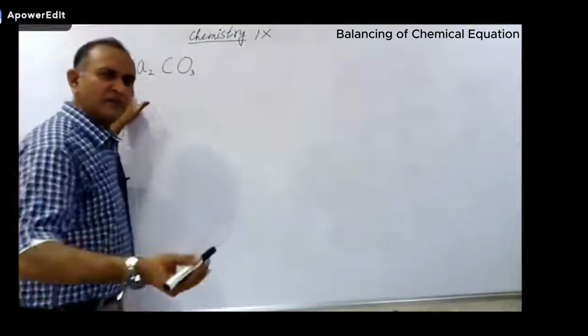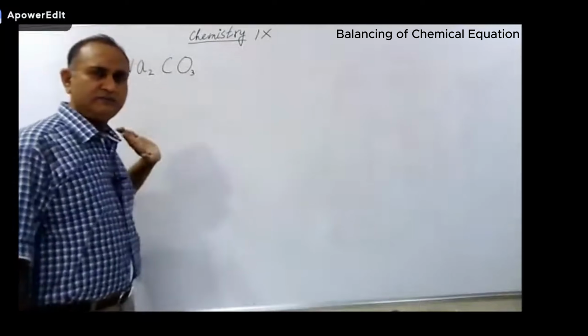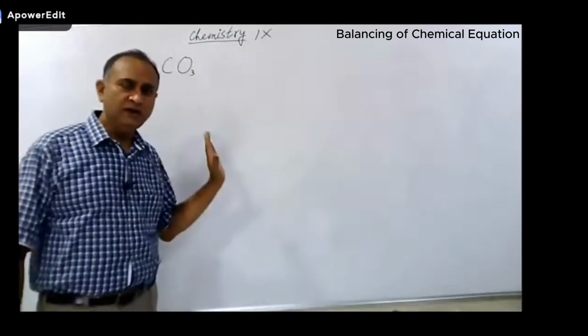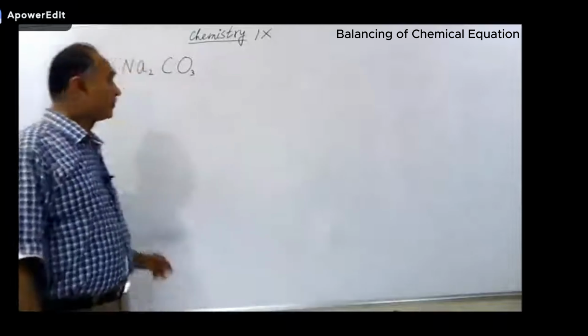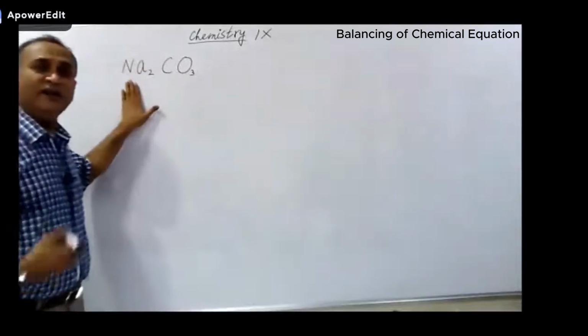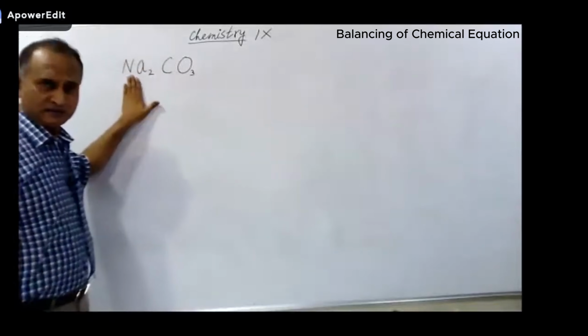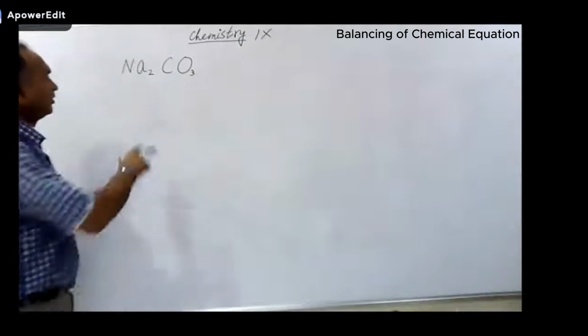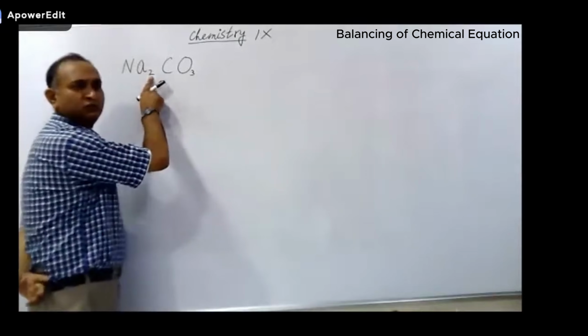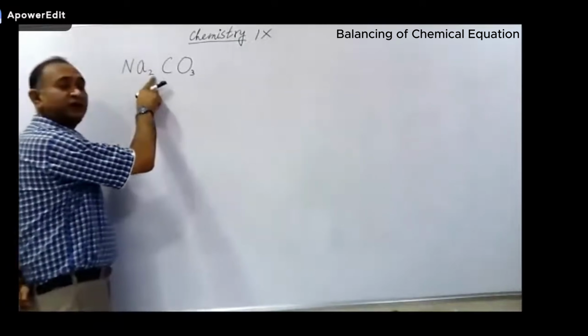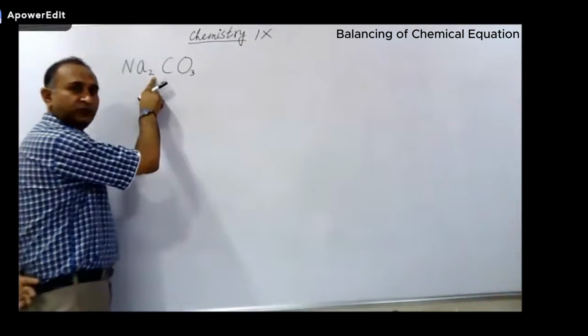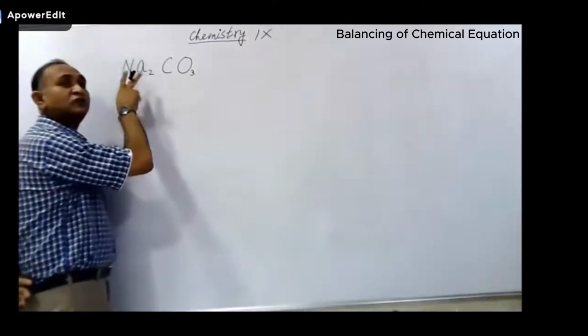So its name is sodium carbonate. Okay? I'm asking, how many sodiums can you see over here? You said just 2, because the subscript here is 2. So how many sodium right now? 2 sodiums.